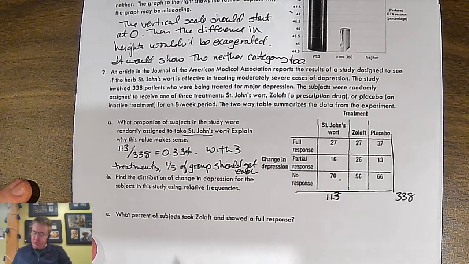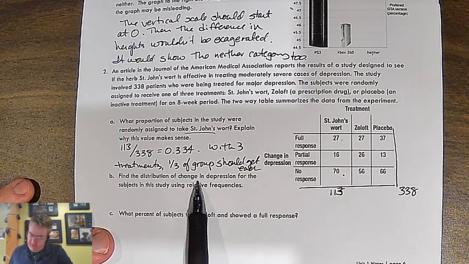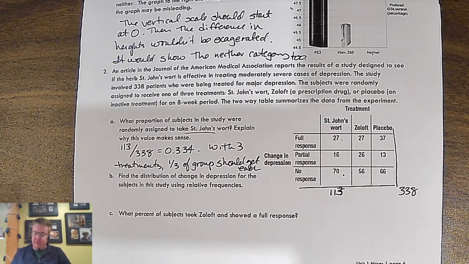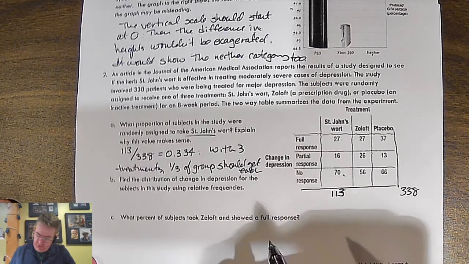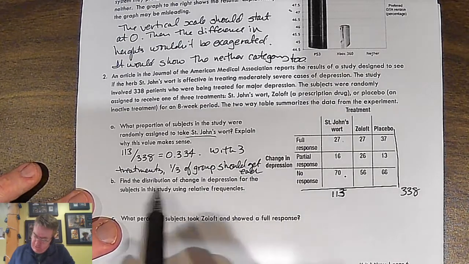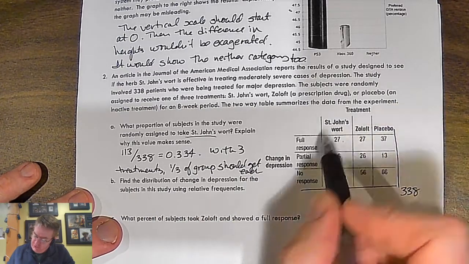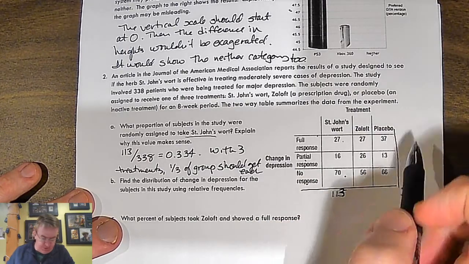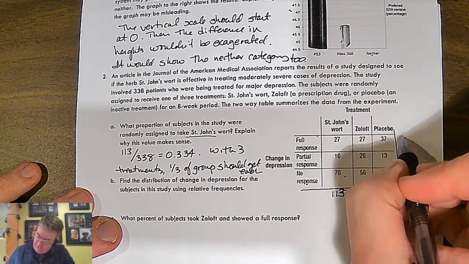Find the distribution of change in depression for the subjects in this study using relative frequencies. So, again, distribution of change in depression. Here are your changes of depression. Over here, we've got full response.